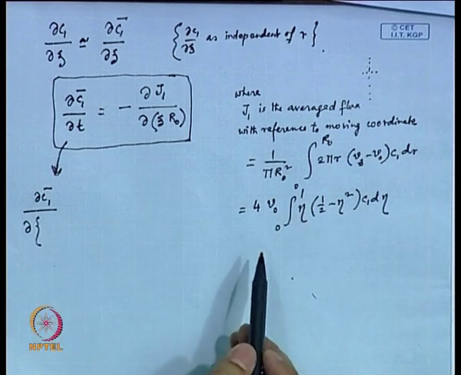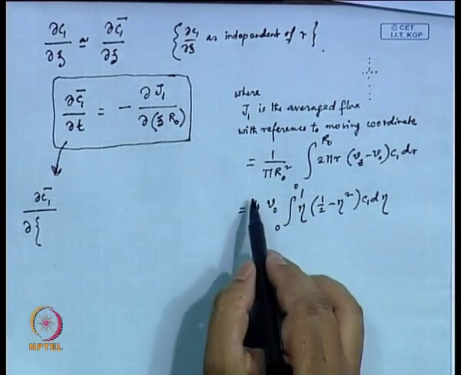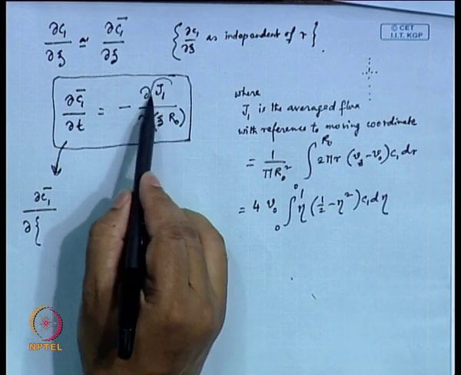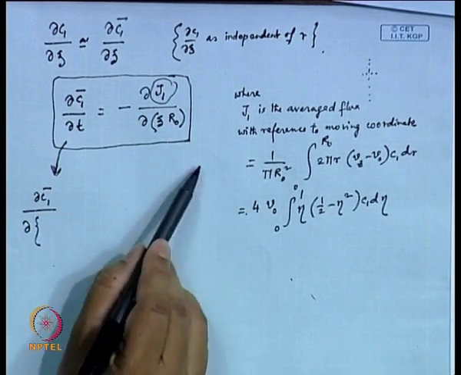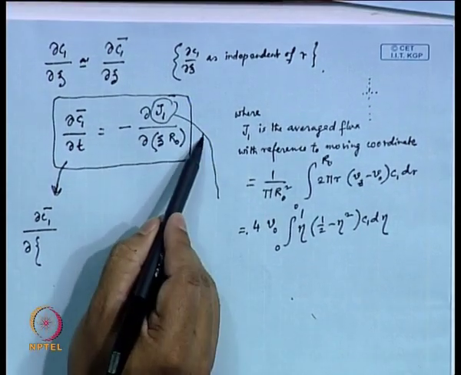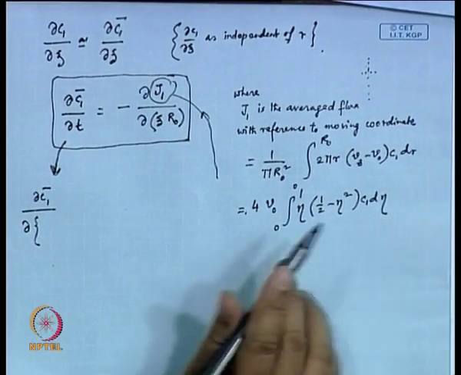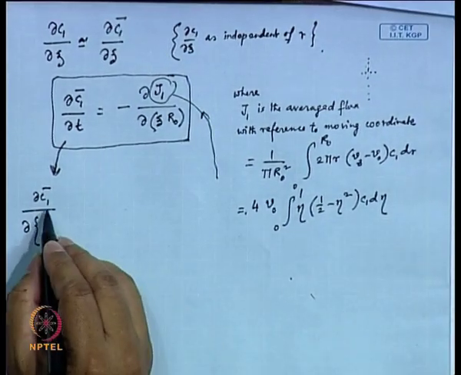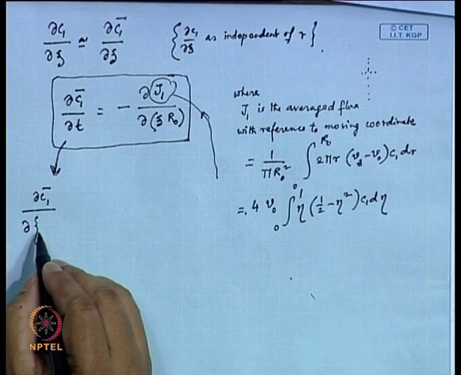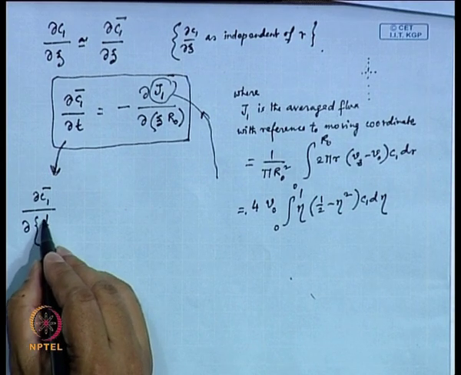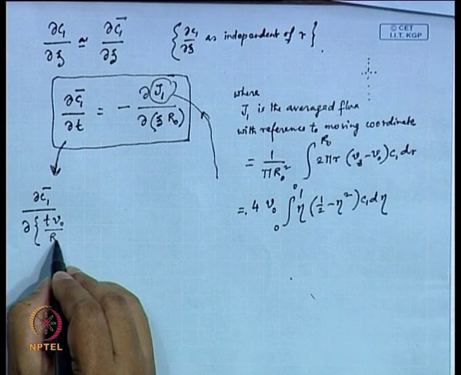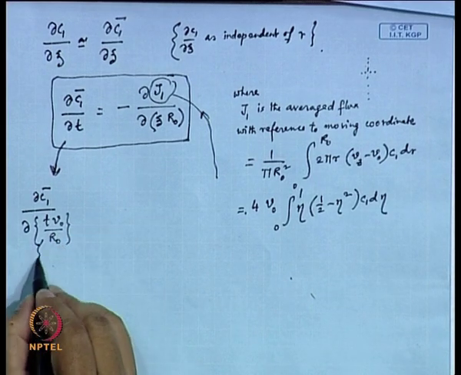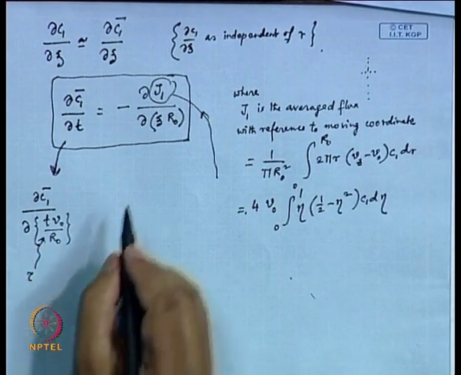So, this J1 would be replaced by this whole expression that you have. Okay. So, what you do here is, instead of del T you write del T V0 by R0 and call this tau. Okay.